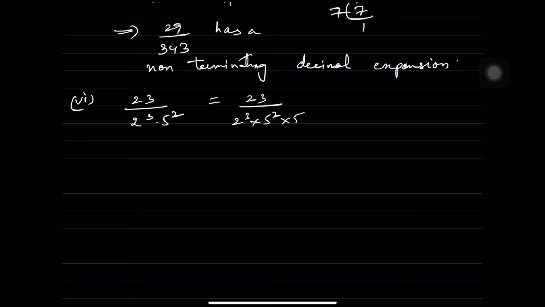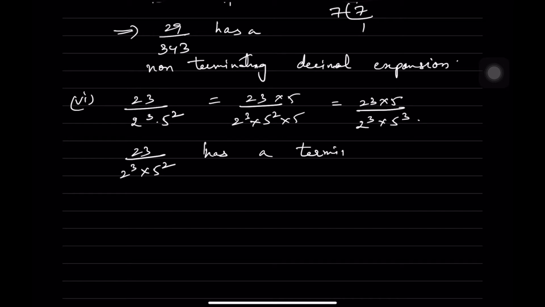You can multiply and divide by 5. So you get 23 into 5 divided by 2 cubed into 5 cubed. So therefore it has a terminating decimal expansion. 2 cubed into 5 square has a terminating decimal expansion.